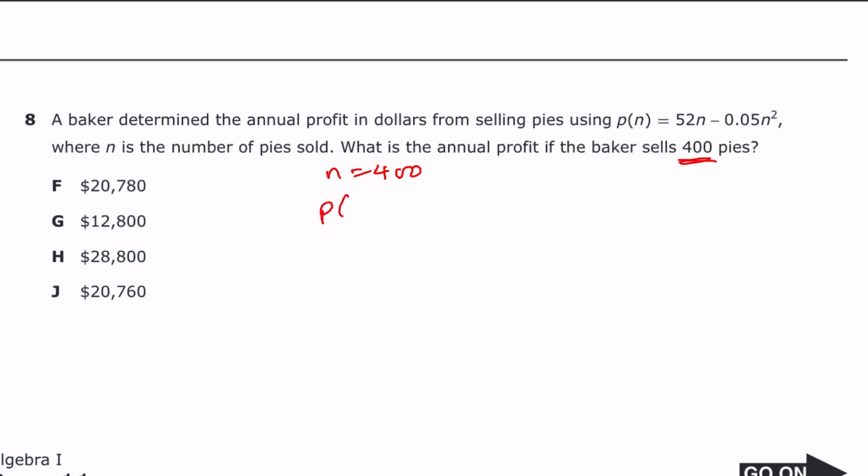He is asking to find when you are selling 400 pies. So P(400) is equal to 52 into 400 minus 0.05 into 400 into 400, that is n squared, isn't it? So we are taking it 2 times.